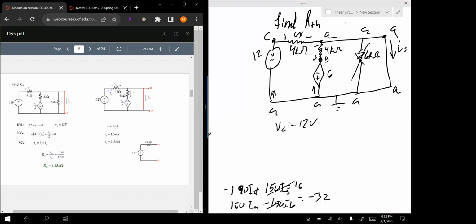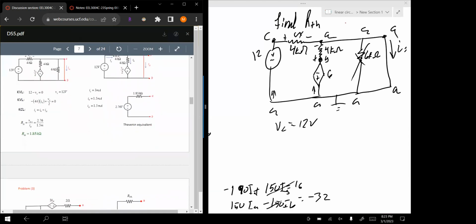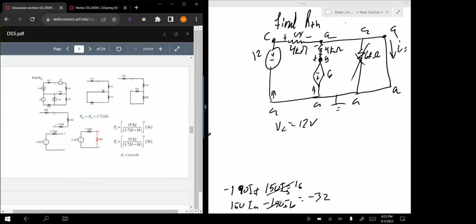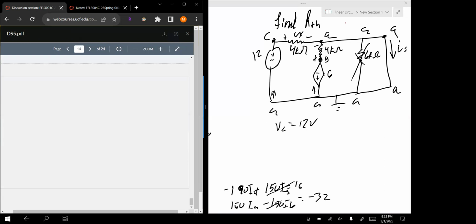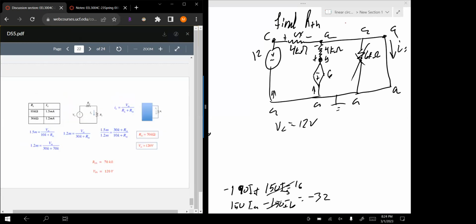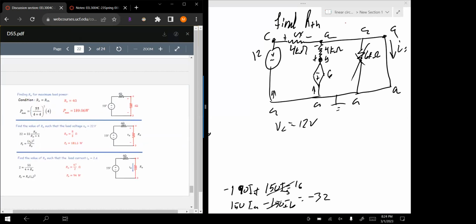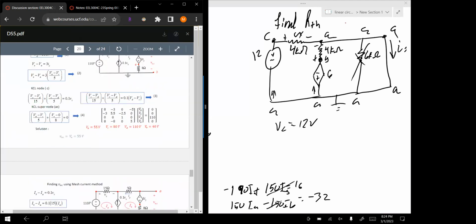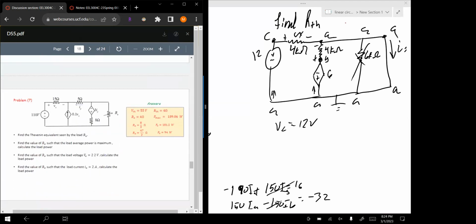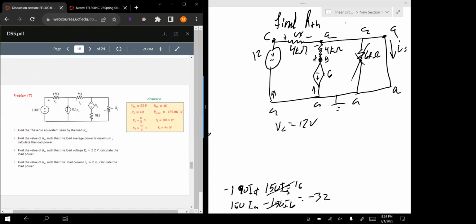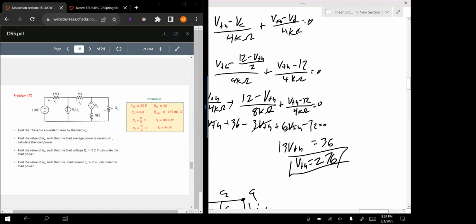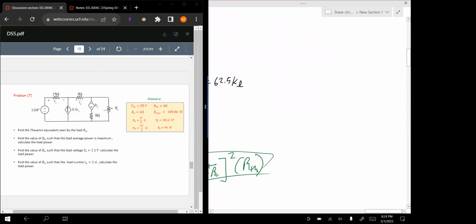Okay, so before it gets any later, I wanted to finish on a strong note, and that one is the second to last question, question number 7. We don't quite have to find everything, although it's always good practice.